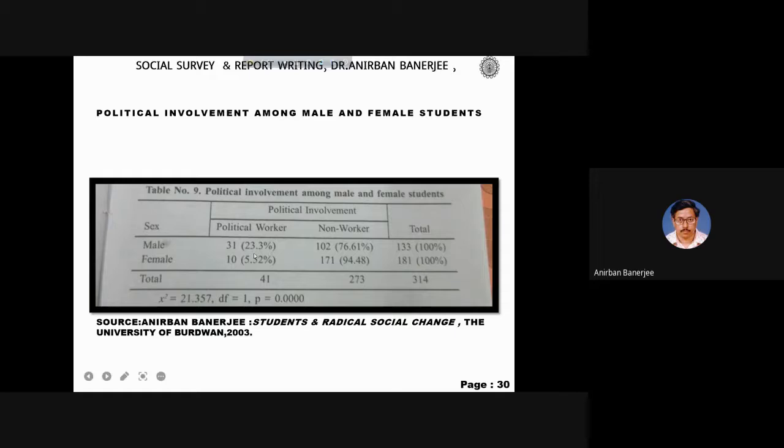Well, it's obvious the males are more politically involved than the females. And the chi-square test shows that there is a relationship between political involvement and sex.